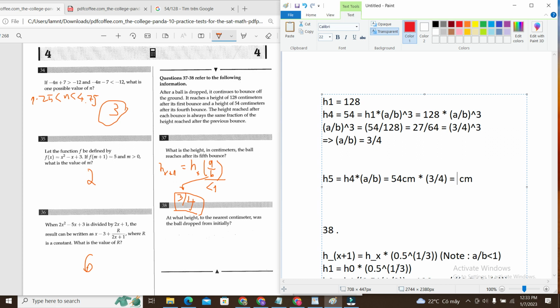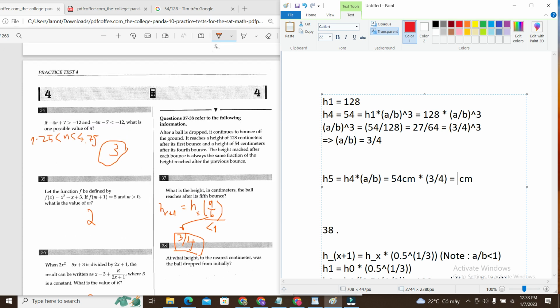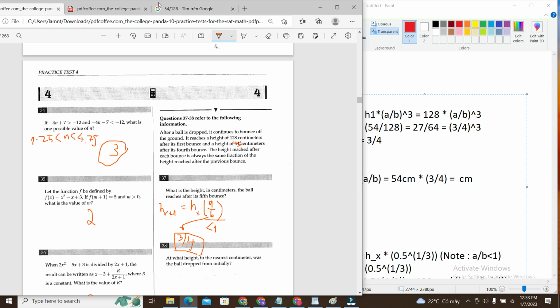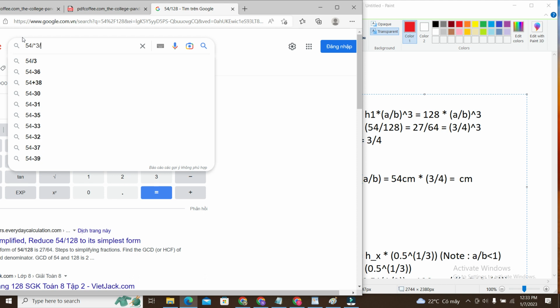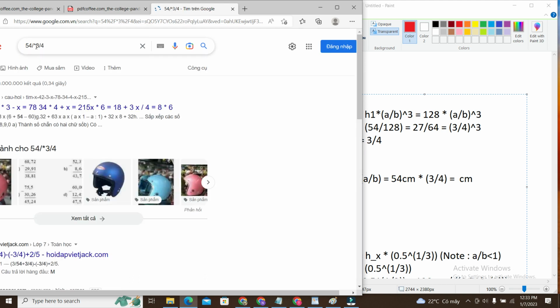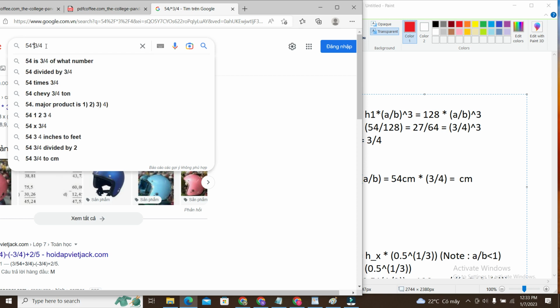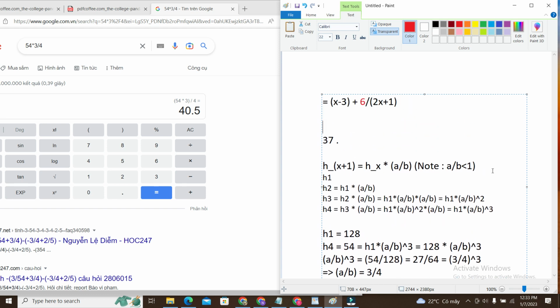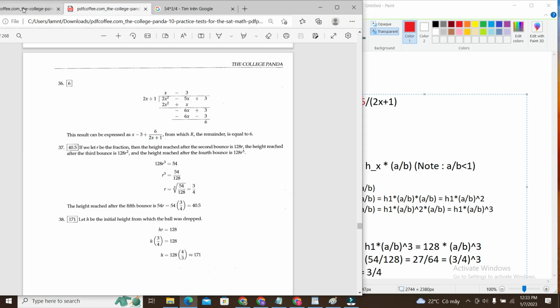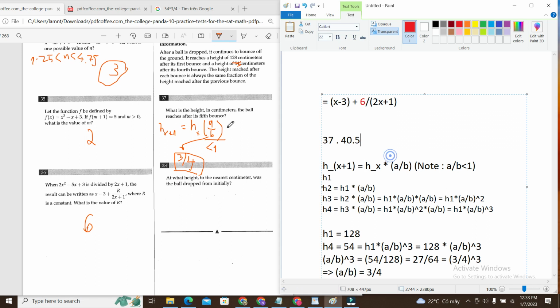That is gonna return how much? Okay, 54 times 3 over 4 is 40.5 centimeter. So the answer is 40.5.